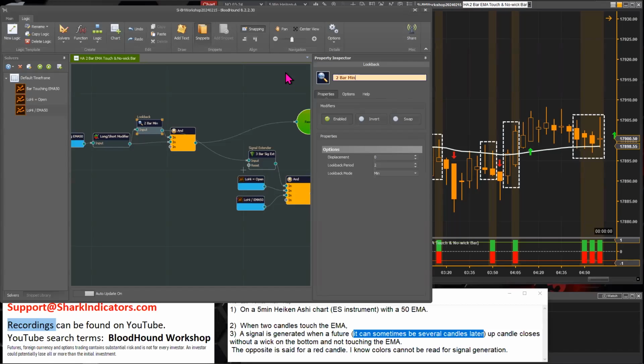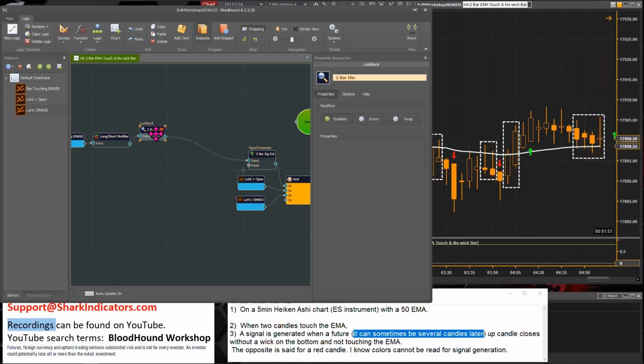All right. It's always good to name these lookback nodes so that you know what they're doing, right? So this is looking for a 2 bar minimum of a signal coming out of this. It's looking for a 2 bar minimum. And let's see. Yeah, actually, there we go.